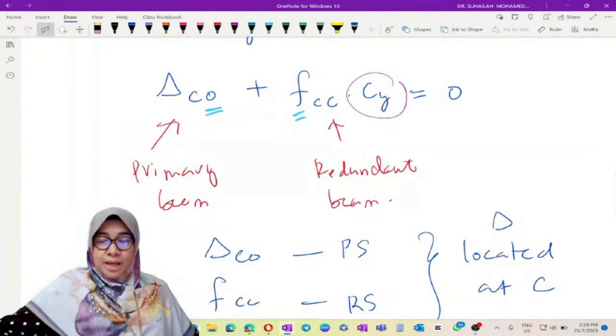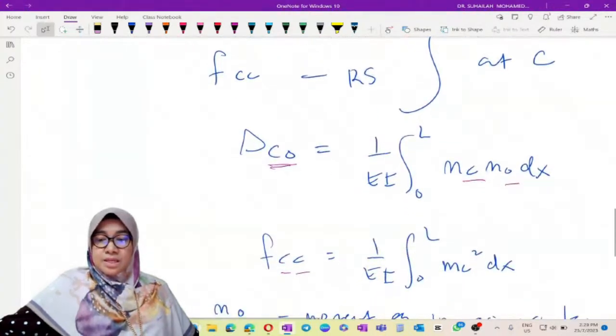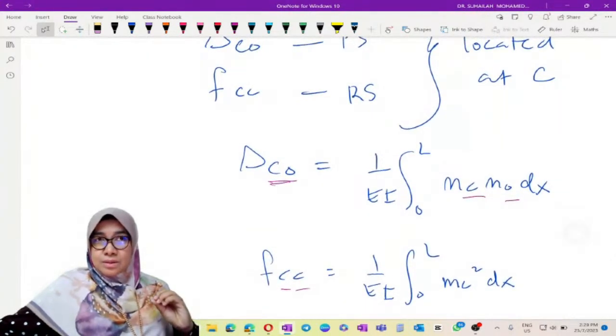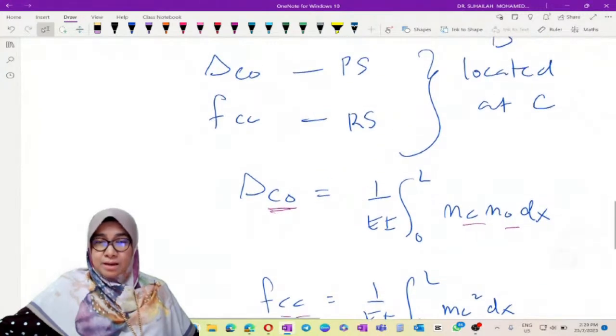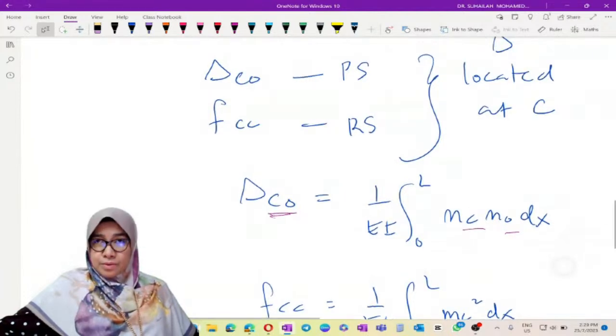Looking at this equation, delta C naught and FCC both are displacement. One is located in the primary system, and another one is located in the redundant system. Since the redundant is located at C position, we have to look at the two displacements, one in the primary beam and one in the redundant beam.